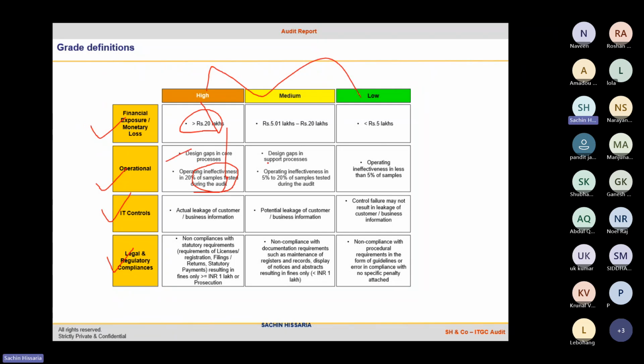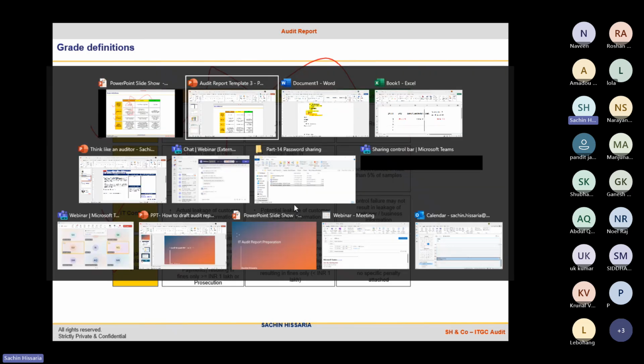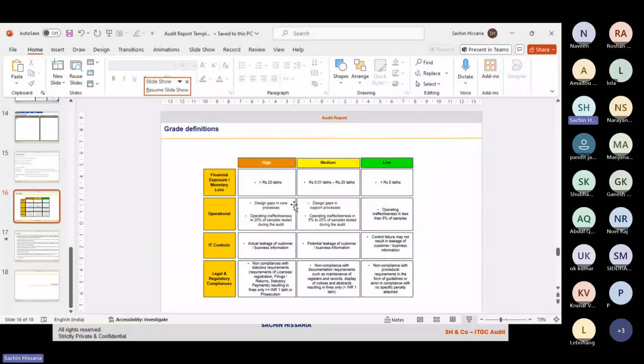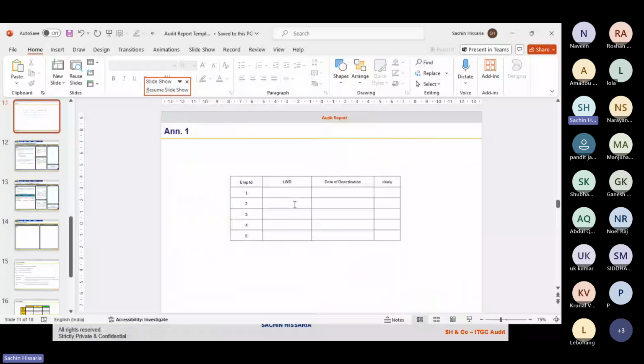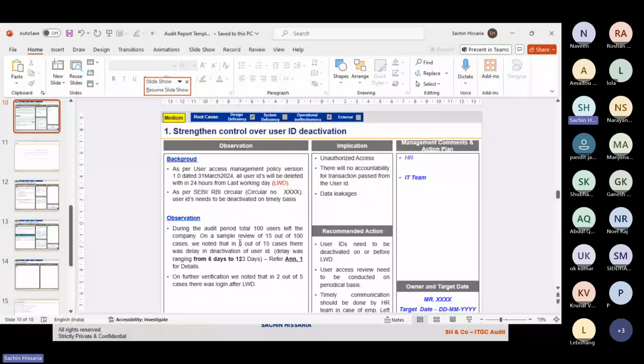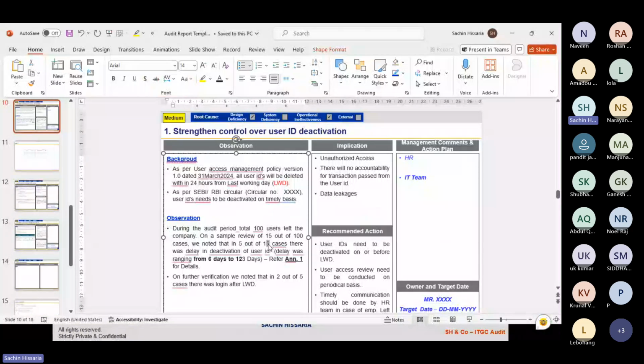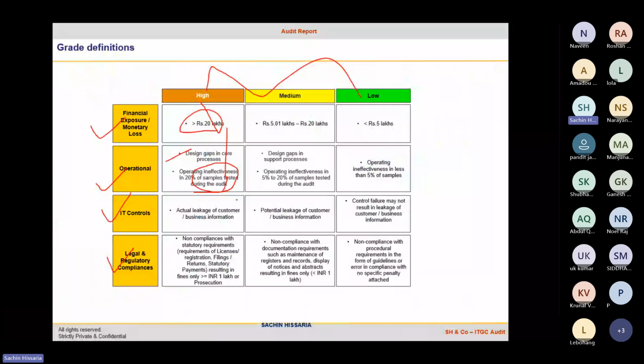So guys, whatever your observation is, for example, let's rate our observations, whatever we have written here. In this case, in 5 out of 15 cases, so this is about a third of the population, operating ineffectiveness failure, you have found more than 20% cases, correct?